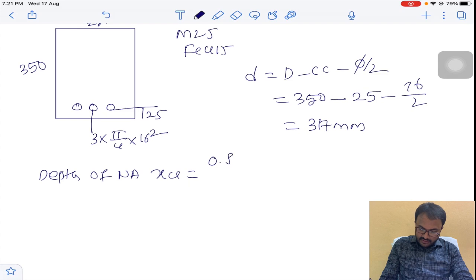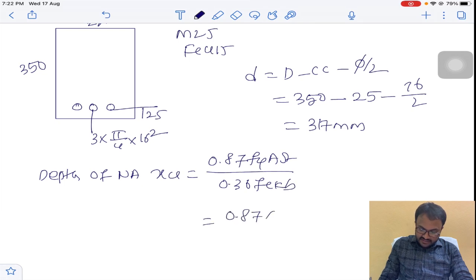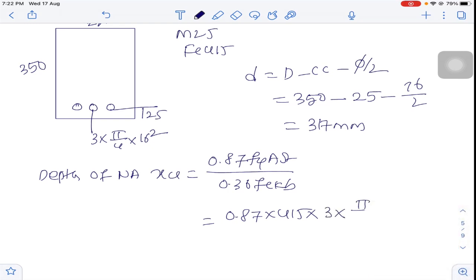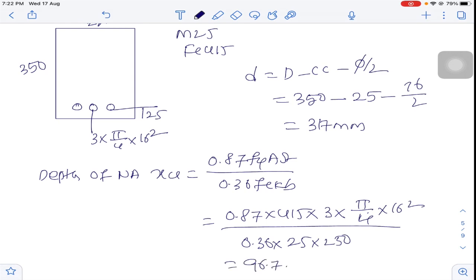XU is equal to 0.87 fy AST divided by 0.36 fck b. So that will be 0.87 fy is 415. AST, he has provided 3 number of 16 mm bars. So 0.36 fck is 25 into b is 250. It will be 96.79 mm. Okay.